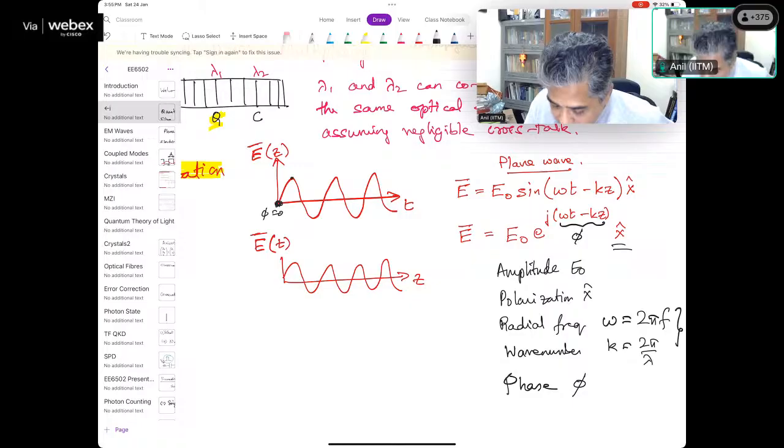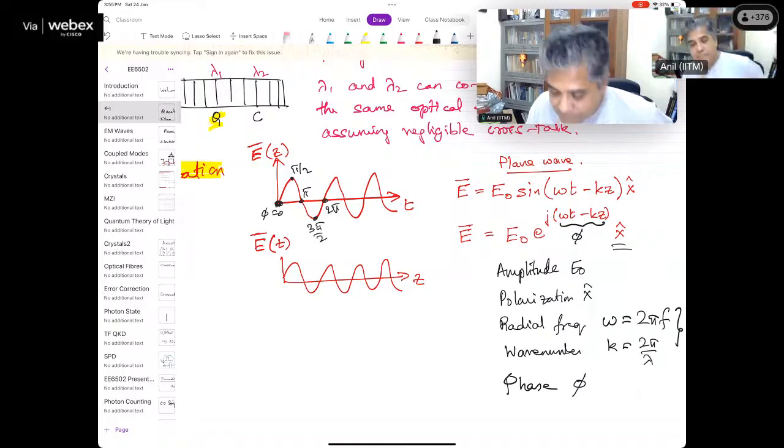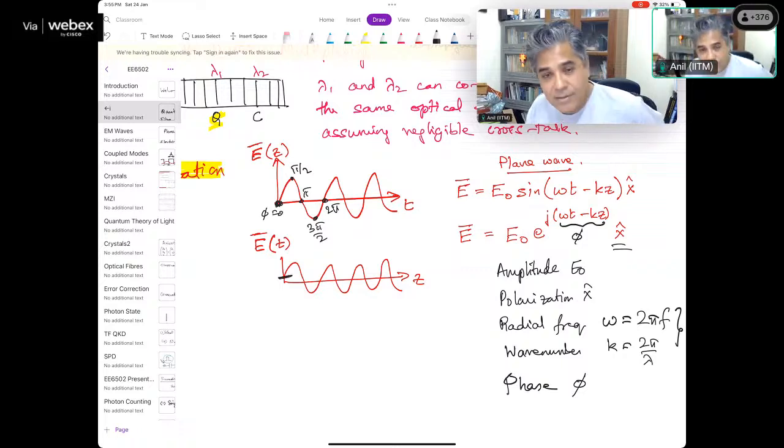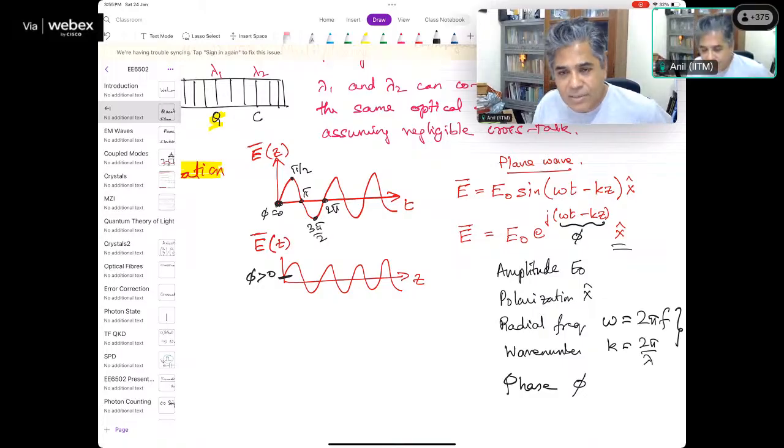This is pi by 2. This is pi. This is 3 pi by 2. And this is 2 pi. Now you'll notice I didn't start off at phase equal to 0 out here. So here phase is greater than 0. And why did I do that? Because my definition of time and my definition of z is arbitrary.